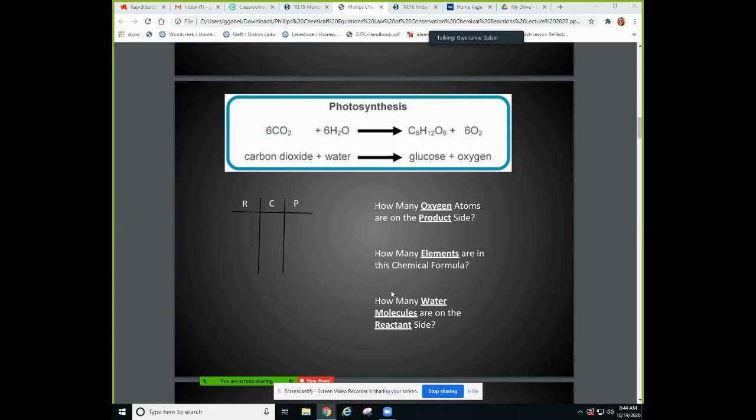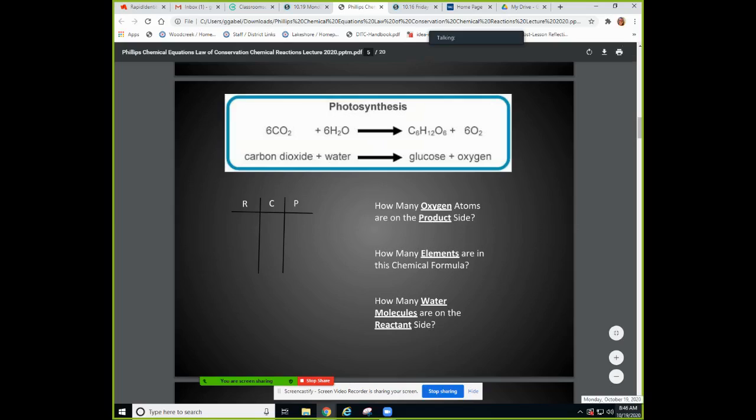A common chemical reaction is photosynthesis. So plants take in the carbon dioxide that is a byproduct from humans. So we inhale oxygen and exhale CO2. The plants use that CO2 and they use water. Sunlight provides an energy to initiate the reaction.